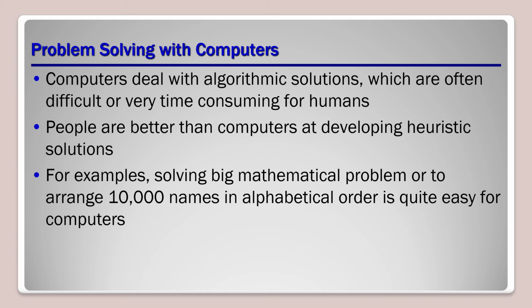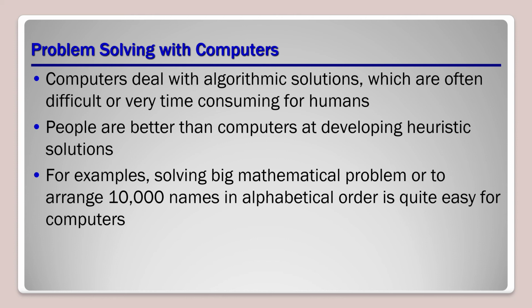One is the heuristic problem, the other one is the algorithmic problem. A heuristic problem is actually the difficult problem, and those problems all the time need a lot of things to consider.